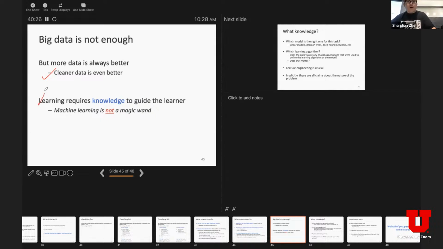Learning requires knowledge to guide the learner, right? Machine learning is not a magic wand. You have to tune it, you have to inject your intuition, even sometimes hypotheses, to try to improve it. It's highly like an art. It's not like you have some handbook and you can do everything right.